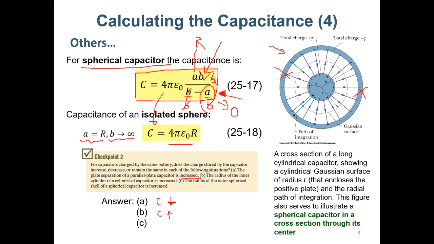And for the radius of the outer spherical shell of a spherical capacitor being increased, then the C will become smaller, because for the outer shell to be larger, it will be farther away from the inner shell. So it is very easy.